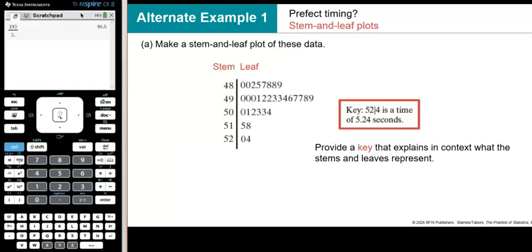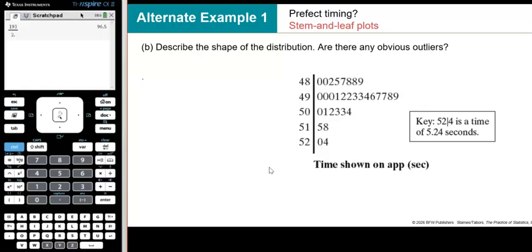So the key says 52 bar 4, or the stem is 52, the leaf is 4. That means the number 5.24. So the biggest number there would be 5.24. The second biggest number would be 5.20, 5.18, 5.15. So you've got to get used to that and do that.